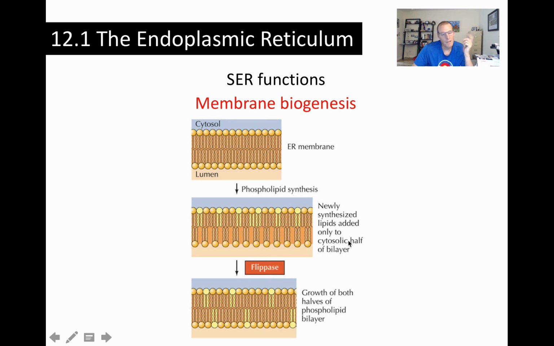Then lipids which need to be in the other leaflet of the bilayer get flipped, and this is where membrane asymmetry is generated. So you generate asymmetry on the surface of the endoplasmic reticulum, and that asymmetry is then transferred to any organelle which receives membrane from the endoplasmic reticulum.